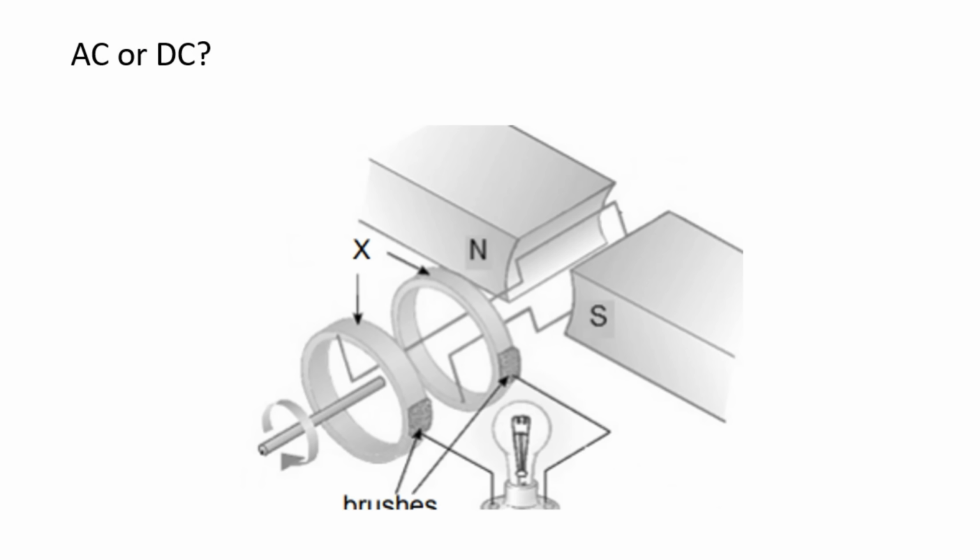And then this one over here, you can see that there's two rings, so that would be AC. Make sure you understand that, because that's literally how they ask it in the exams. This section doesn't have any calculations really. It's mostly just about naming components, figuring out the direction using the right hand rule, and knowing if it's AC or DC and things like that.